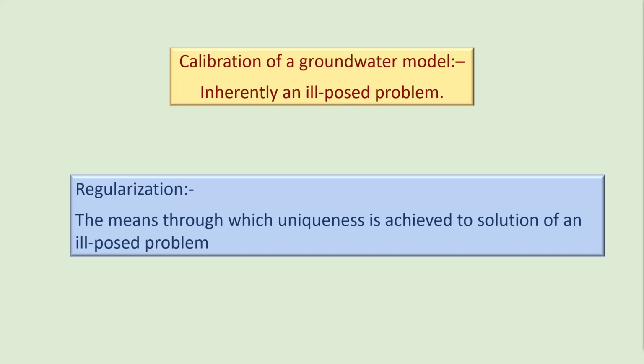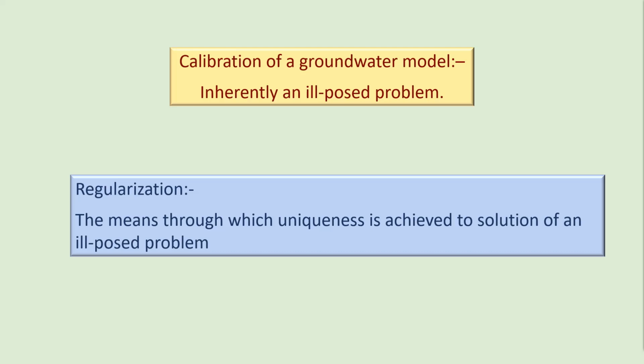There are far more hydraulic properties that govern the movement of groundwater that can never be estimated uniquely. Yet, when we calibrate a groundwater model, we seek a unique solution to this inherently very ill-posed inverse problem. The reasons for doing this have been discussed in another video.